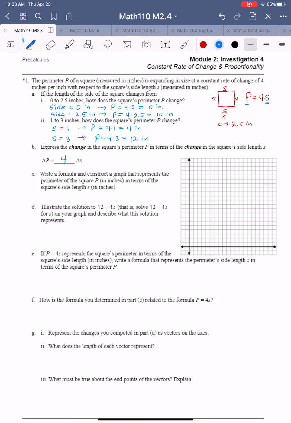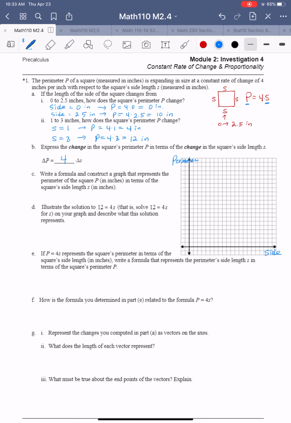Next, write a formula and construct a graph that represents the perimeter P of the square in terms of the side S. I want to put the side on the horizontal axis and the perimeter on the vertical.